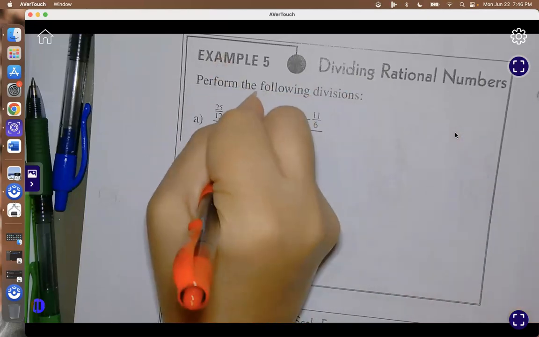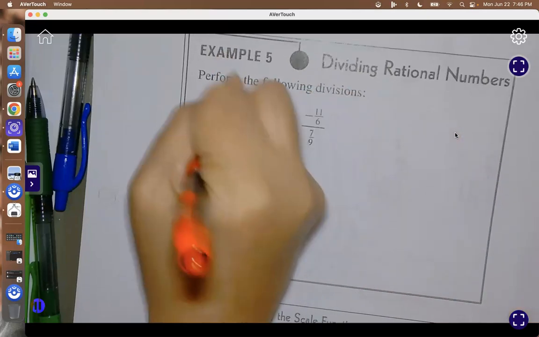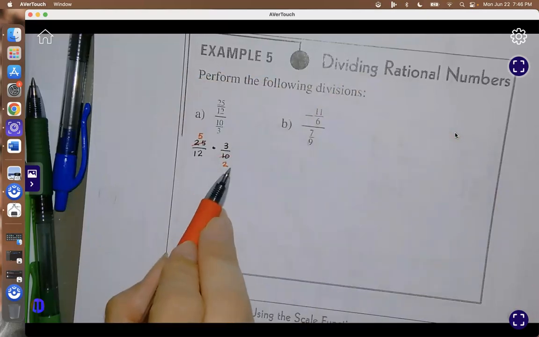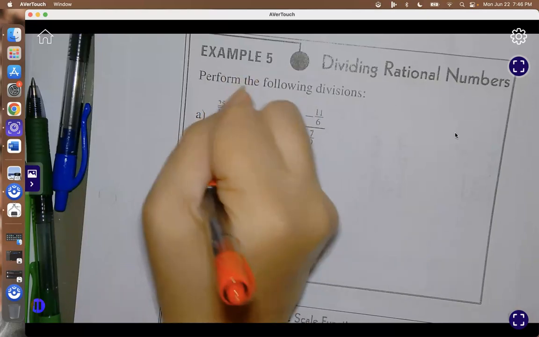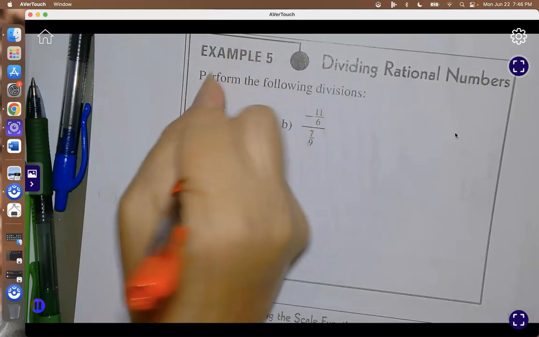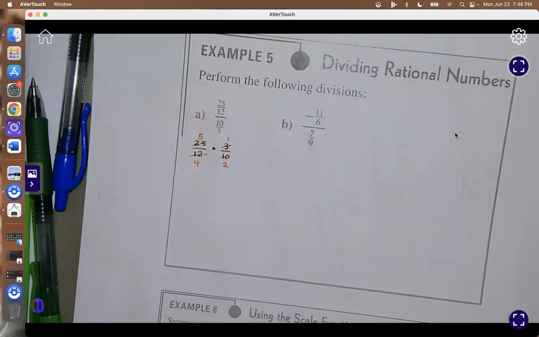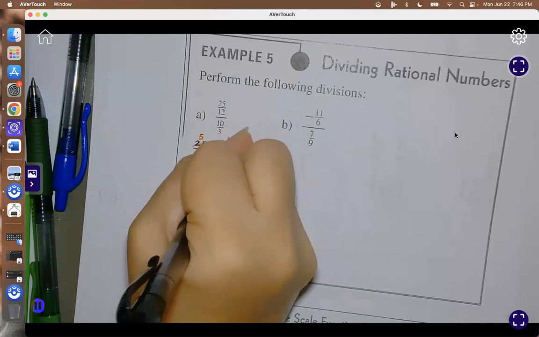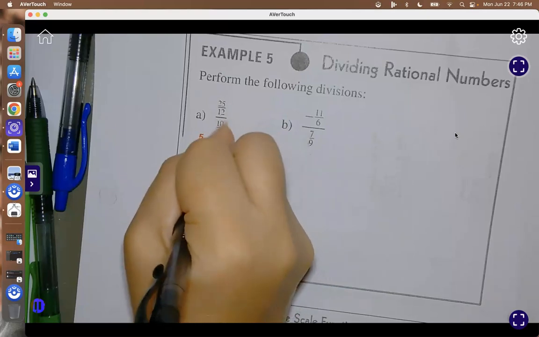So 25 and 10 are in the 5's family. 25 is divisible by 5, 5 times. 5 goes into 10 2 times. 3 and 12 are in the 3's family. 3 goes into 3 1 time. 3 goes into 12 4 times. So this gives me 5 times 1, which is 5, and 4 times 2, which is 8.